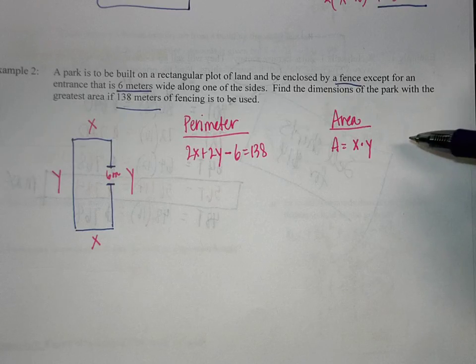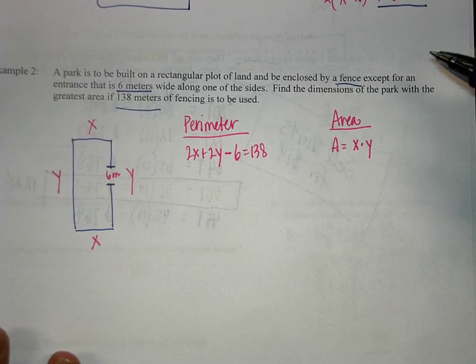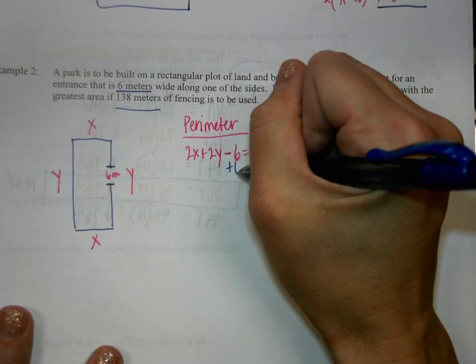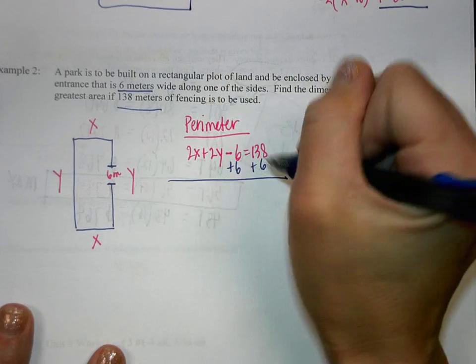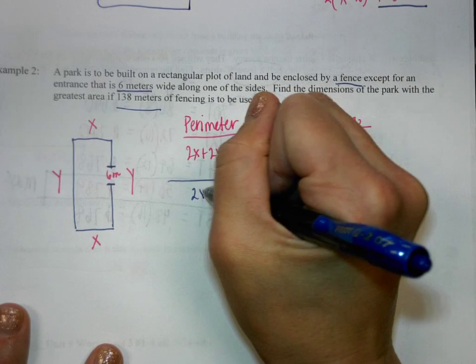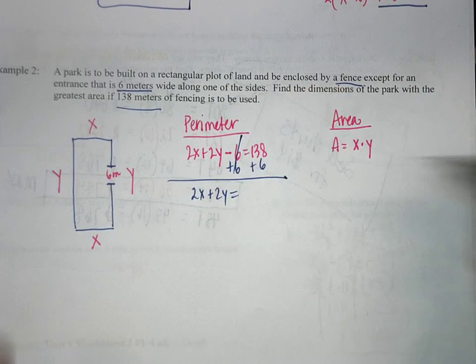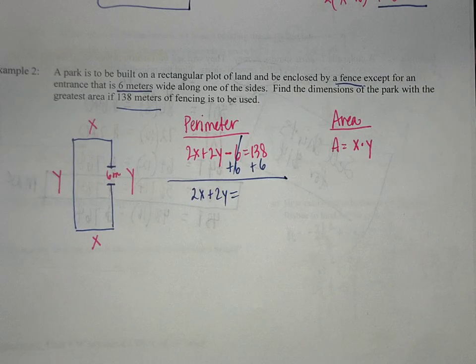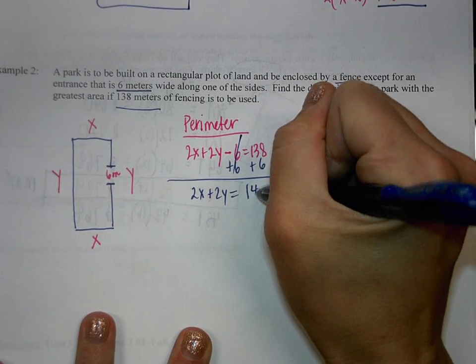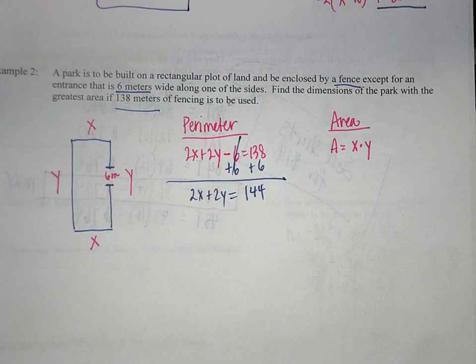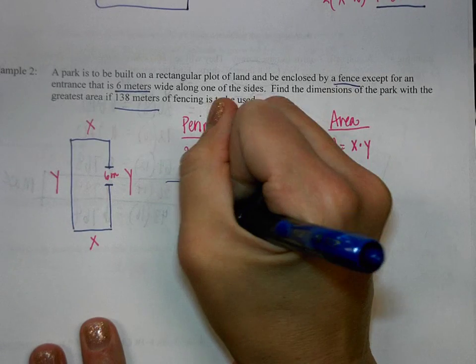So what would I do first? Good, add 6 to both sides, or if you subtract 2x, either way is fine. So I have 2x plus 2y equals, and 138 plus 6 is 144. Next, what will I do? Subtract 2x from both sides.